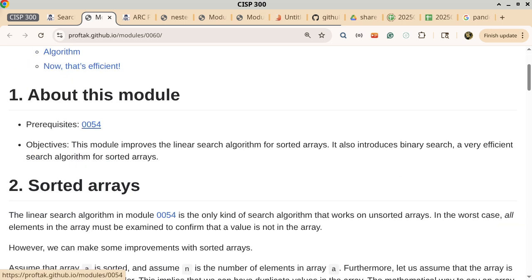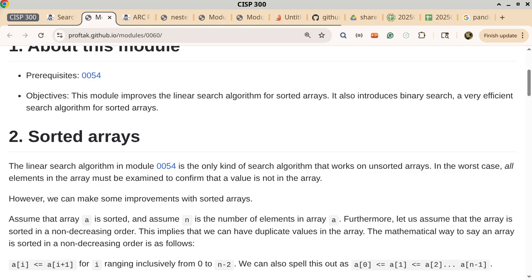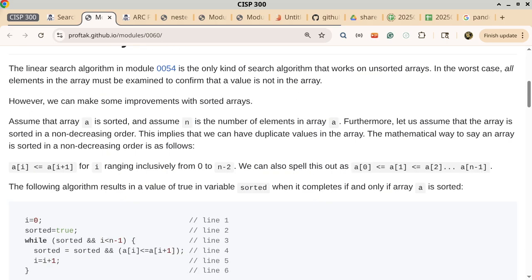Without any explanation, 0054 is probably the module that talks about arrays, because we do need to understand arrays before we can talk about sorted arrays. Sorted array means that in the array, the items are in sorted order, which means it's either in a non-increasing order, which implies you can have the same value repeating a few times, or in a non-decreasing order.